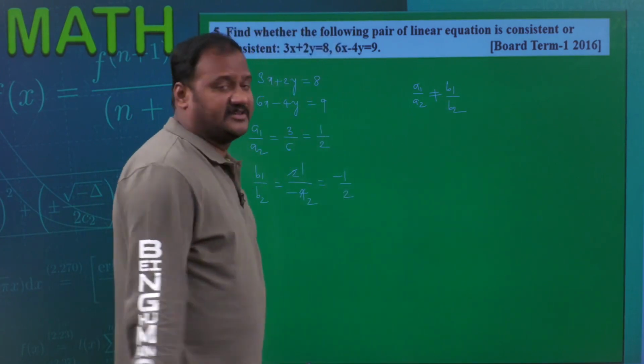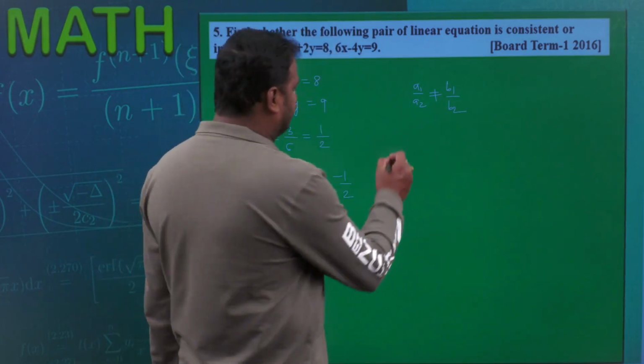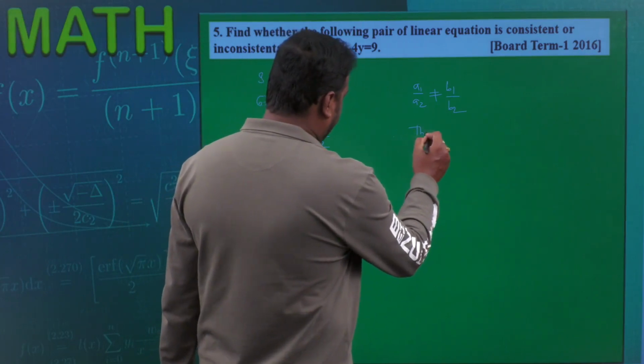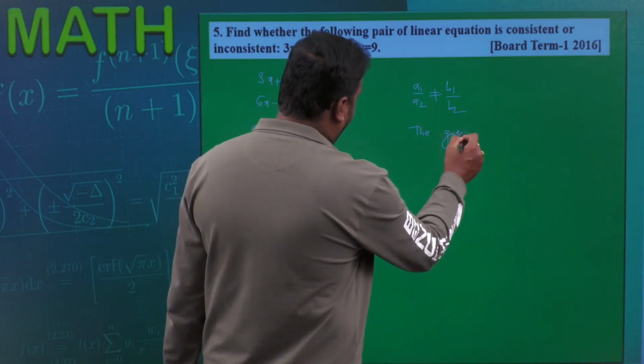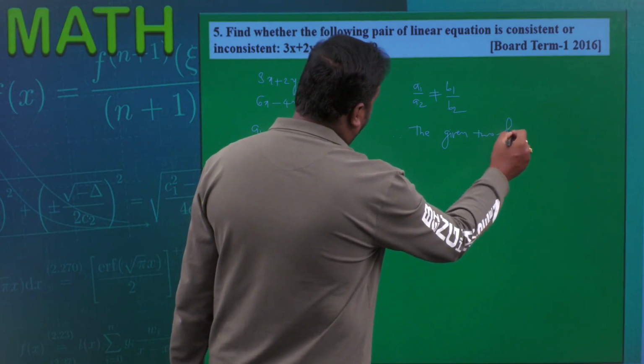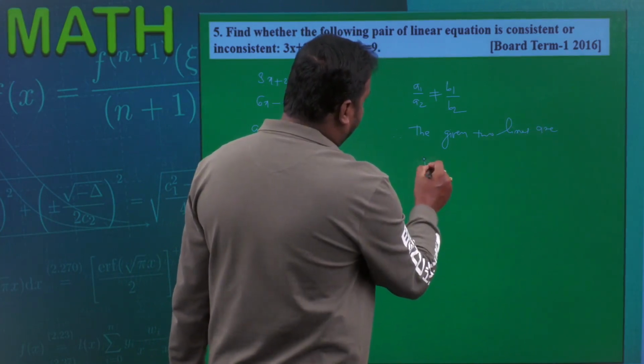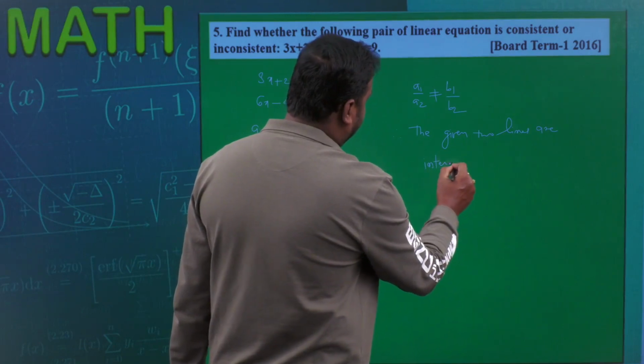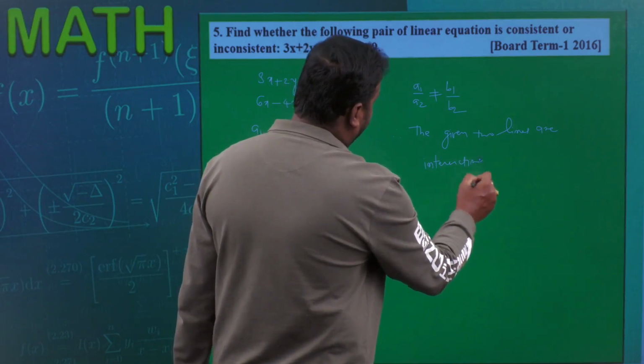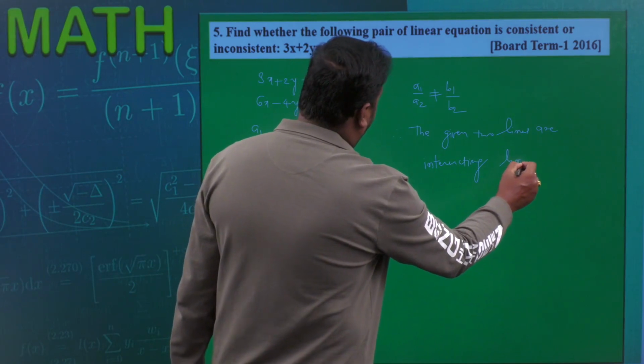Then irrespective of the ratio between C1 and C2, we can say that the given two lines are intersecting lines.